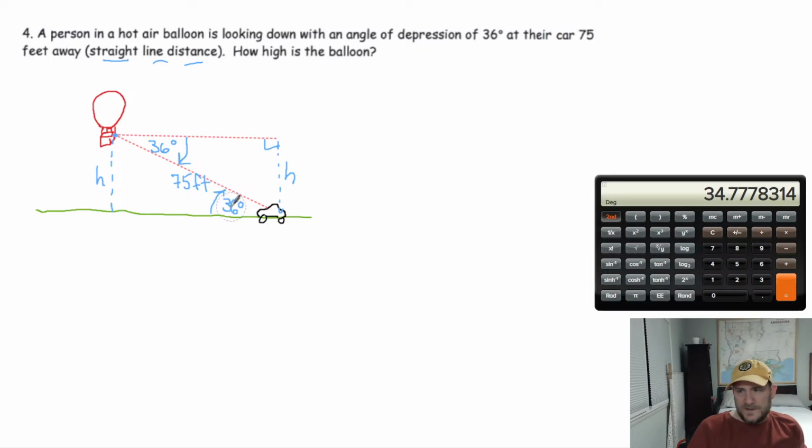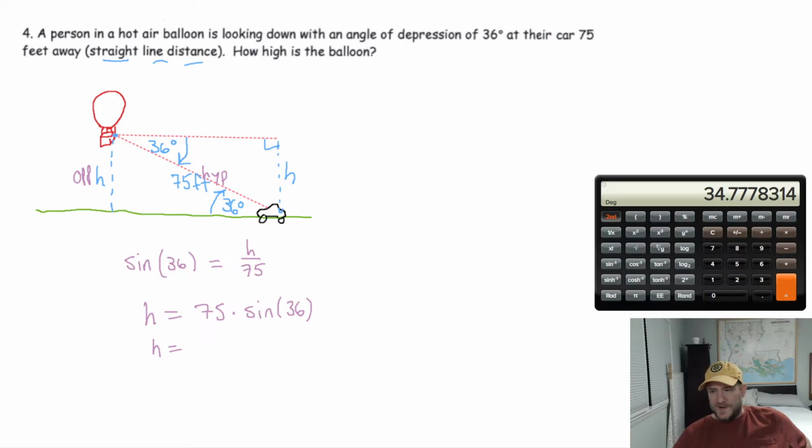So let's see. 36 makes h opposite, and this is hypotenuse. That sounds like a sine equation to me. So it'll be the sine of 36, and it'll equal h over 75. So the height of the balloon is going to be whatever 75 times the sine of 36 is. So let's find out.